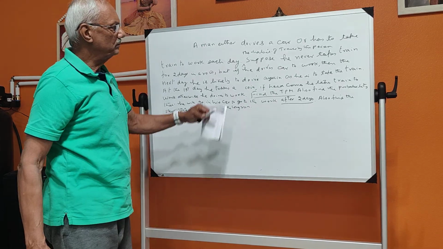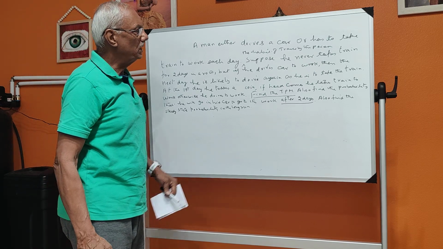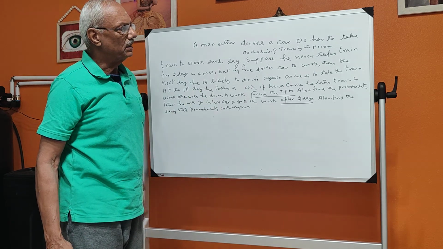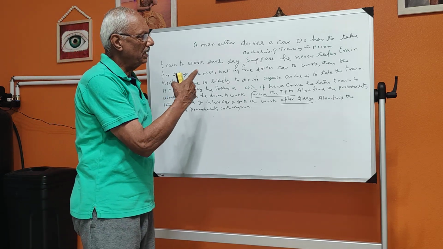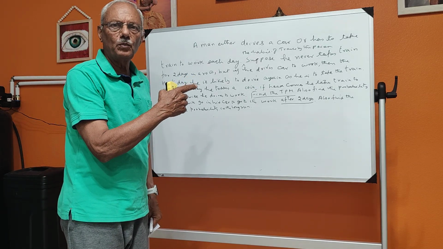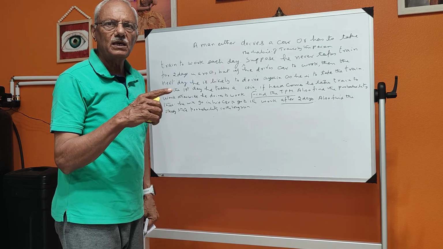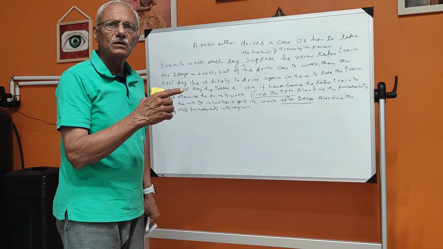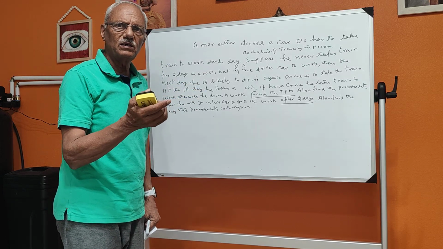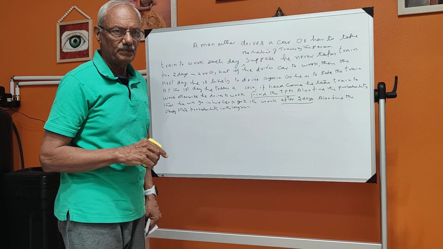This problem has already been done, but I told you in that class that I will do the problem in such a way that I will find the probability of the person taking either train or car on the nth day.